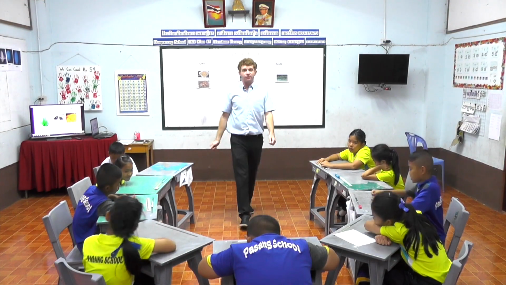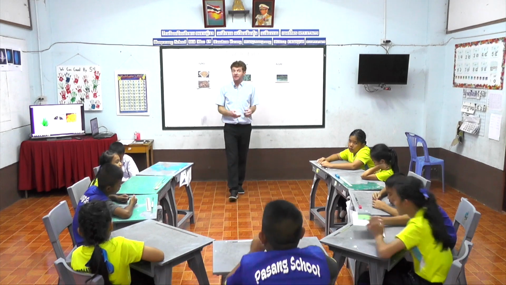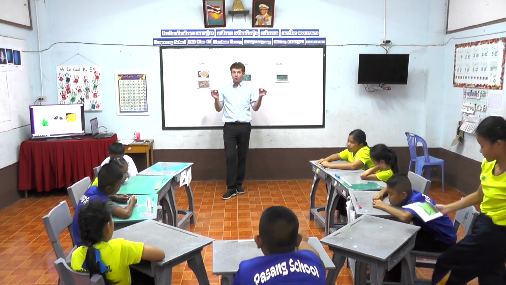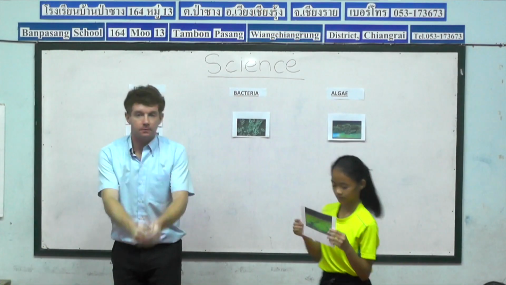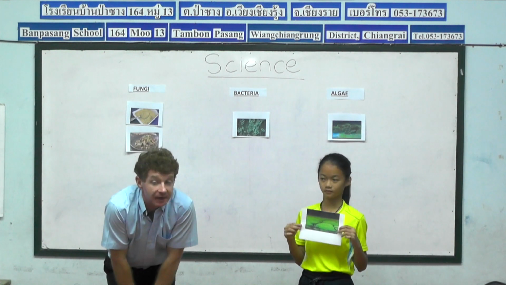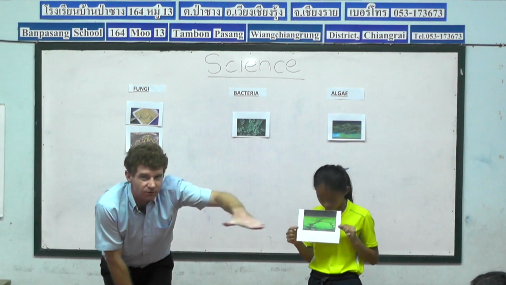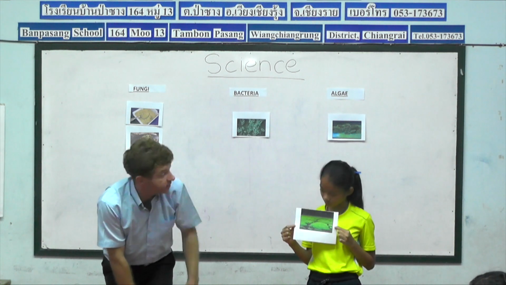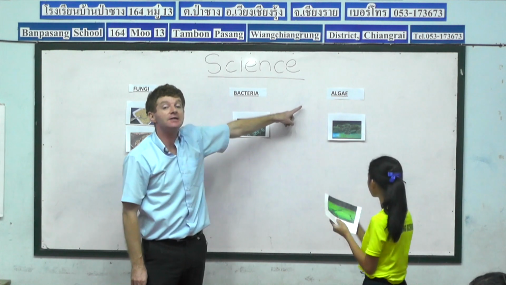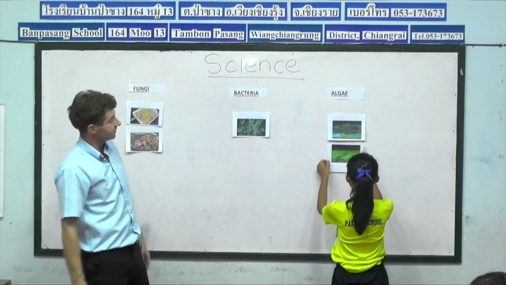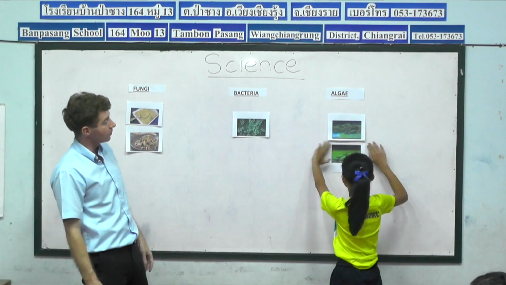And this picture's for Down. So let's see if Down can bring her picture forward and show class. What do we think, guys? Algae, yes. You can see the green, slimy stuff that sits on the top of water. That's what we call algae. So that's excellent, Down. Into the algae column we go.